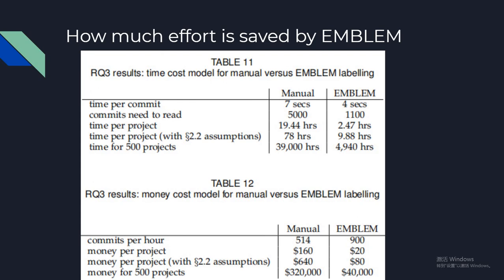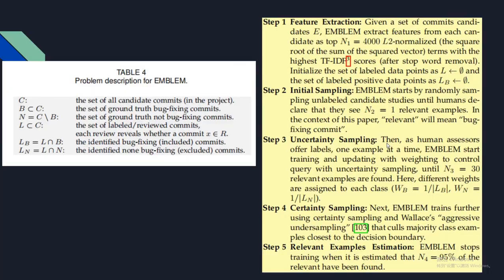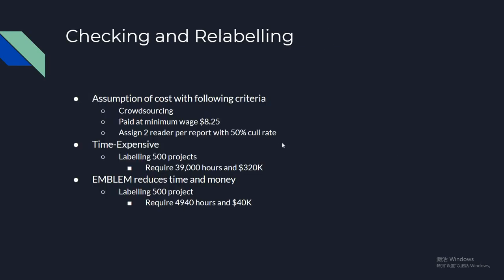To answer how much effort can actually be saved by Emblem, we look at tables 11 and 12, which detail the time and cost required to complete the work from our experiences in manual labeling in the above studies.